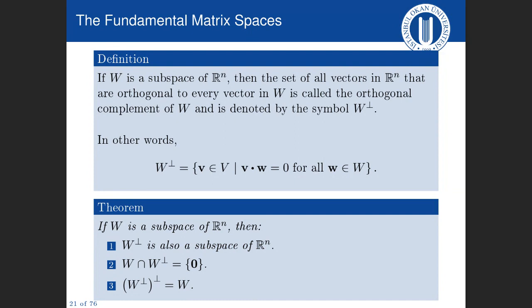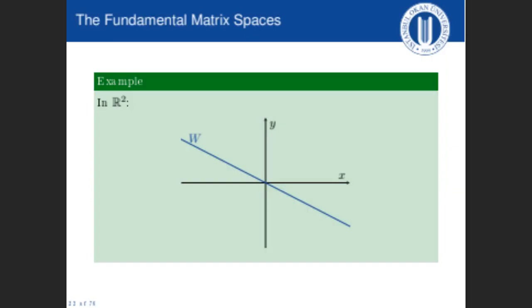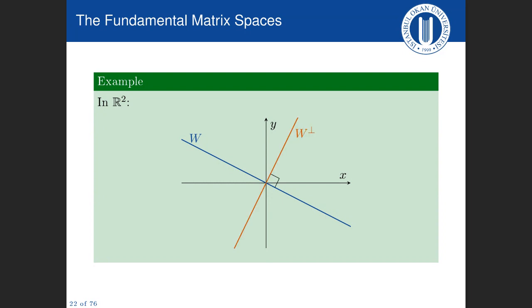Let me show you some examples of orthogonal complements. Let's suppose our vector space is R2, and let's suppose our subspace W is a line passing through the origin. Then the orthogonal complement of W is going to be the vectors which are orthogonal to this line, or perpendicular to this line.